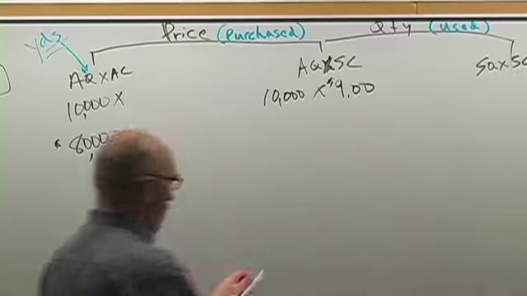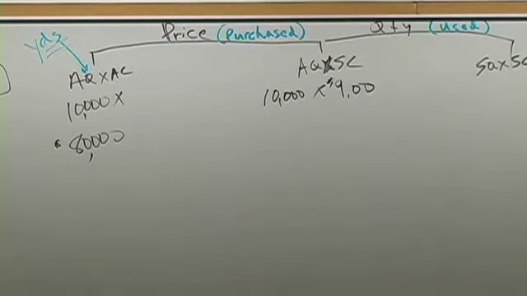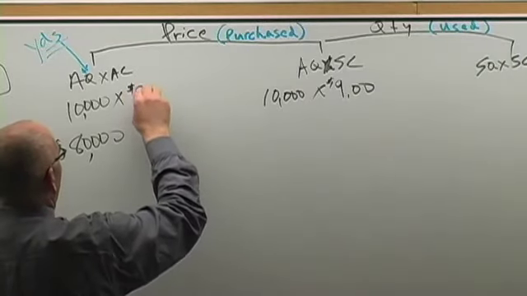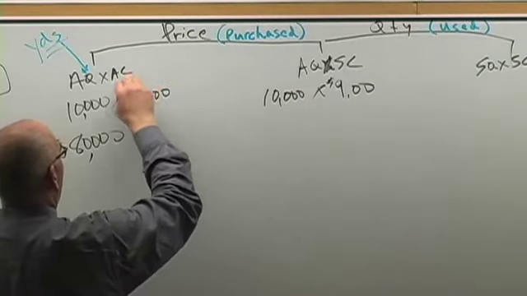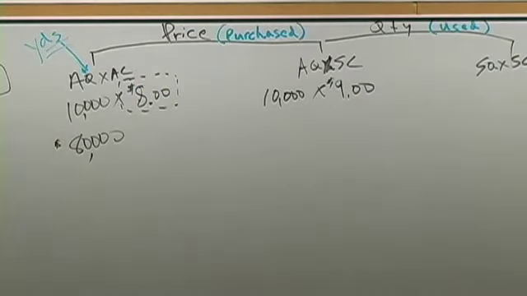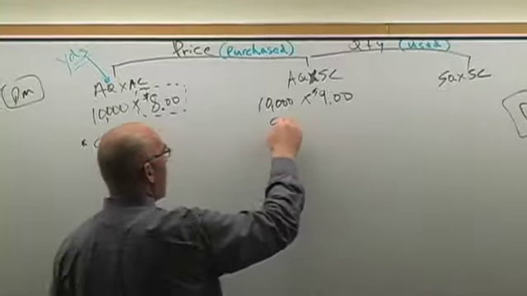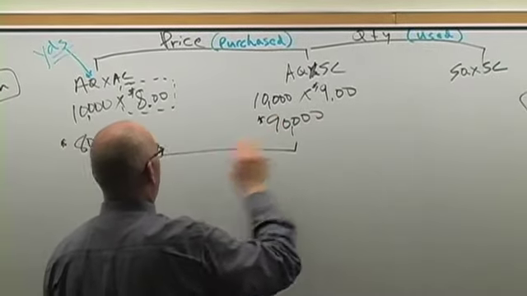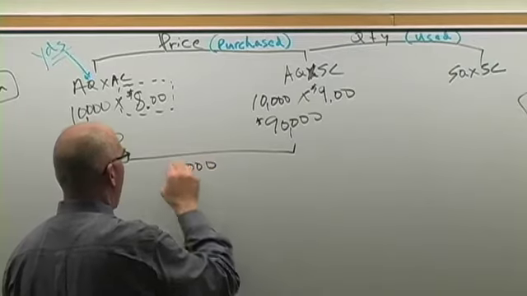$9. What's the actual cost? Anybody figured that out already? Tony, have you figured that out already? 8? So 8, that means this is 90,000. And so the difference is 10,000.